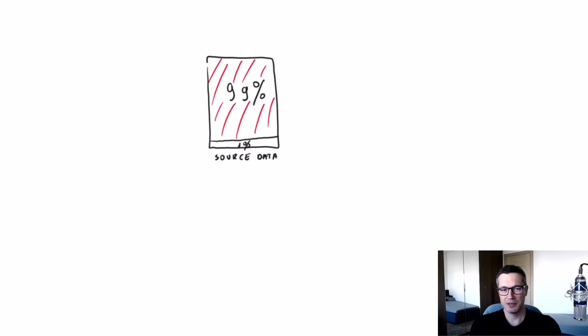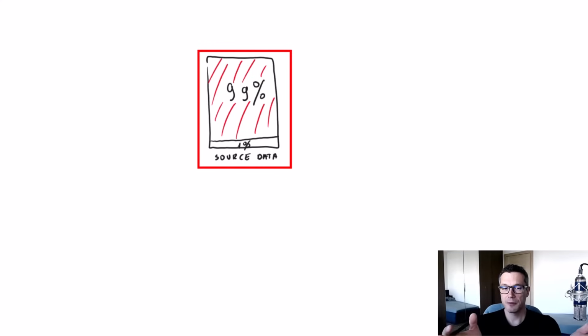Alright, so does it mean that you should always try to process your data incrementally? No, it's not that simple. Basically, if your data set is pretty small, and if it doesn't take too much time, if it doesn't cost too much, then feel free to reprocess everything every time.